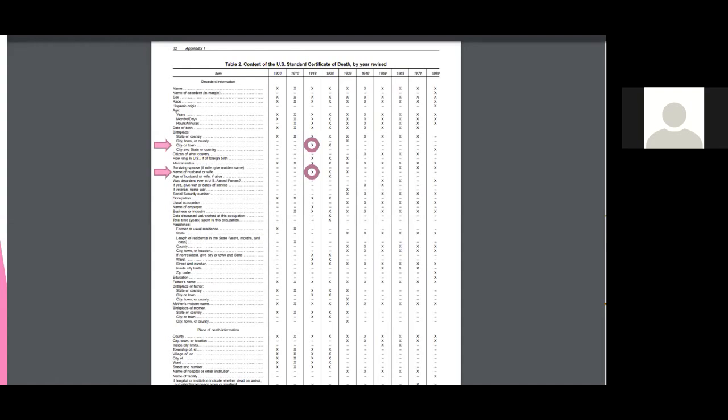The name of the husband or wife also came about in 1918. If you were a veteran and what your social security number was in 1939. Well, sorry, the first one that I mentioned was place of birth, but the residency information also did more come out in 1918.